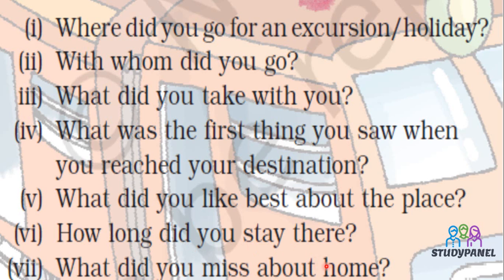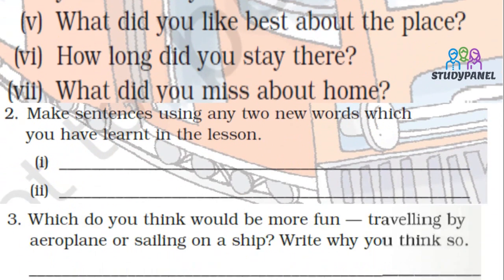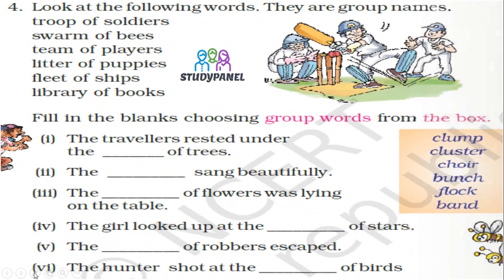What did you miss about home? घर के बारे में, जब आप पिकनिक पे गए थे तो घर के बारे में आपने क्या क्या चीजें मिस की, वो यहाँ पर लिखनी है. See, this you have to do by yourself, so you have to write down by your own. Now let us discuss this question 4.